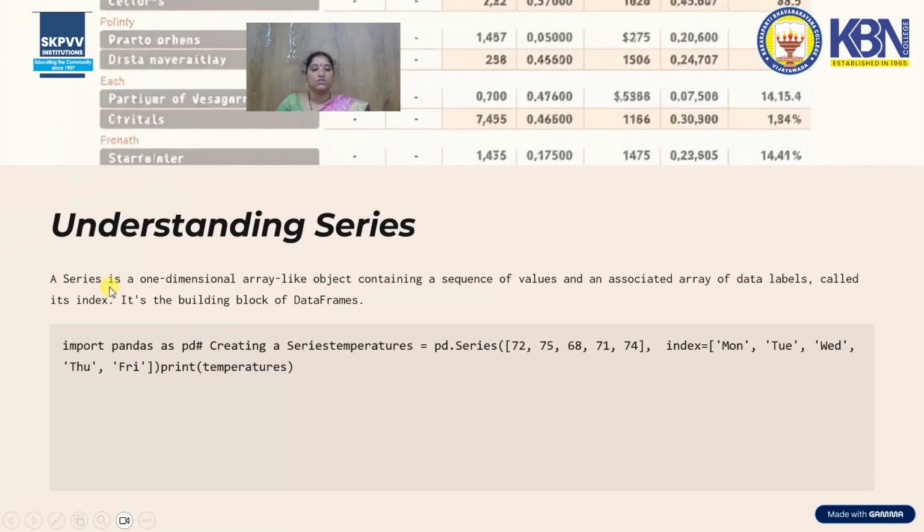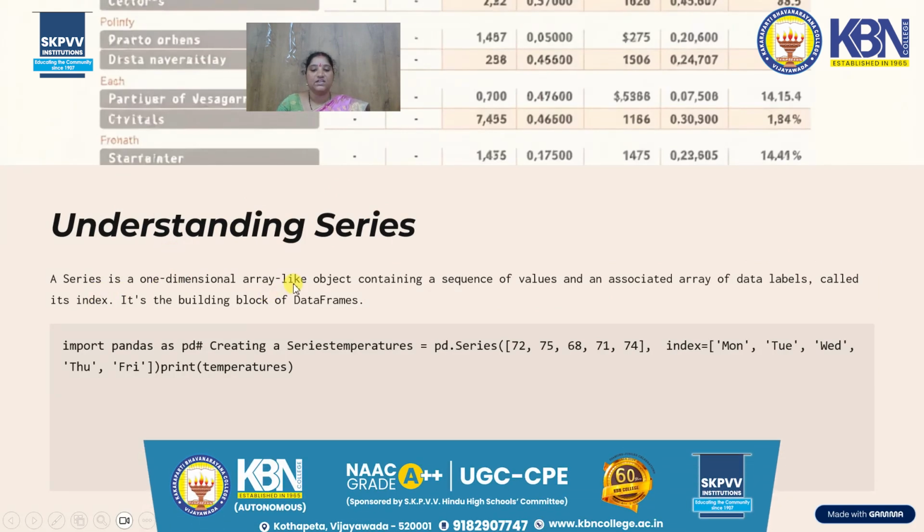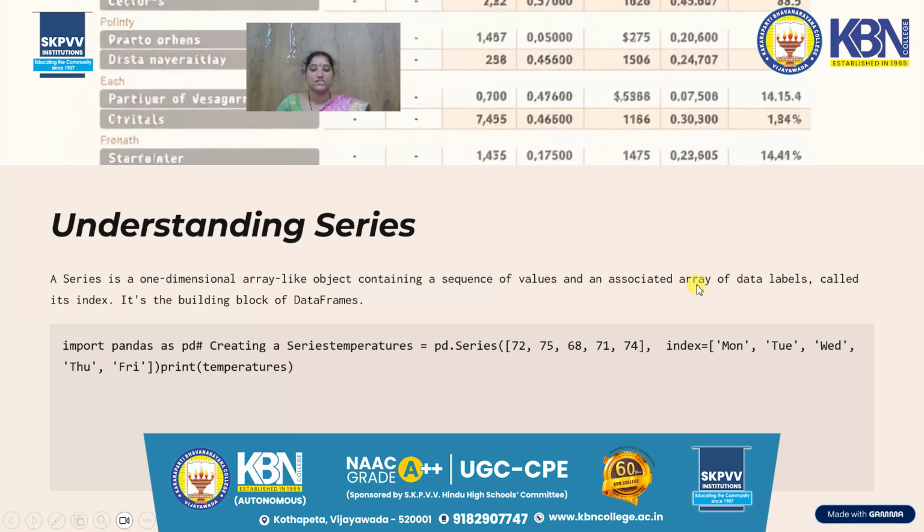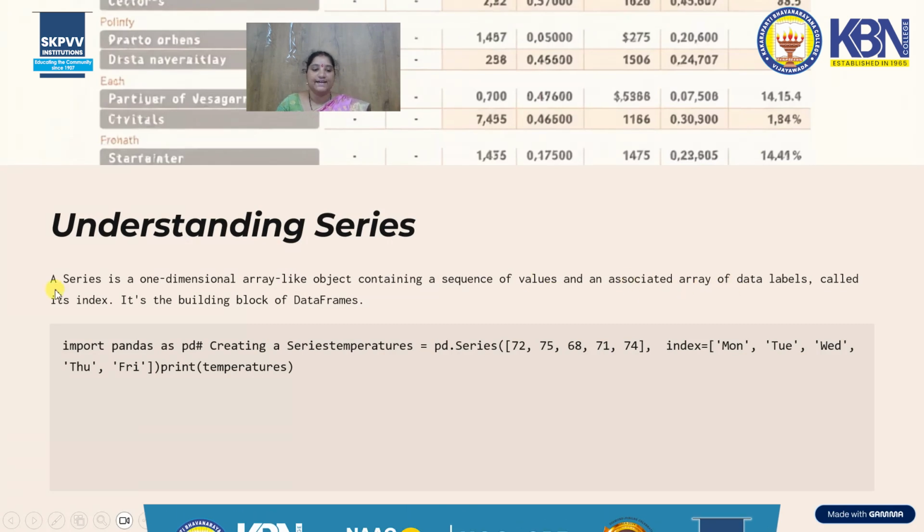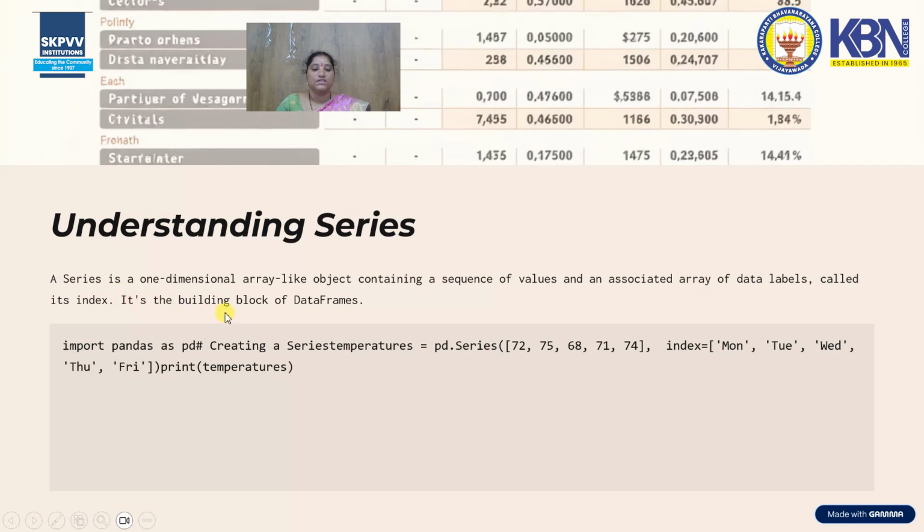Now we can see the Series in detail. As we know, a Series is a one-dimensional array containing a sequence of values, and it is associated with an array of data labels, called the index, and it is also the building block of DataFrames. We can import Pandas as pd, and create a Series of temperatures.